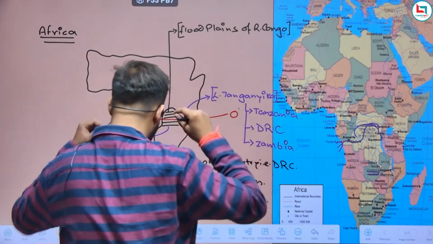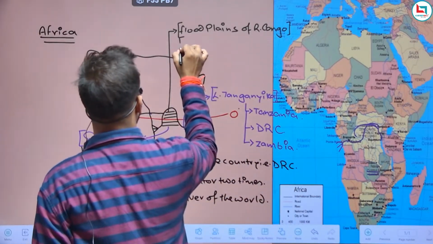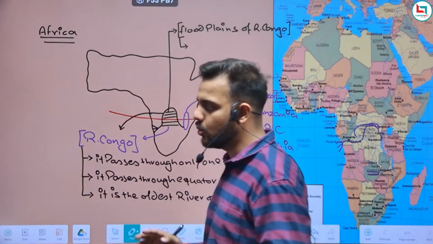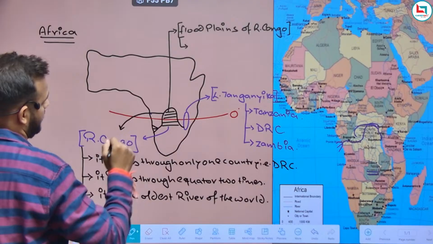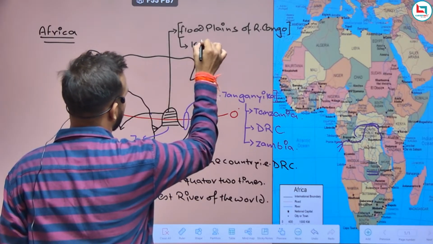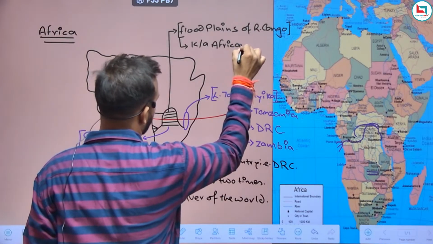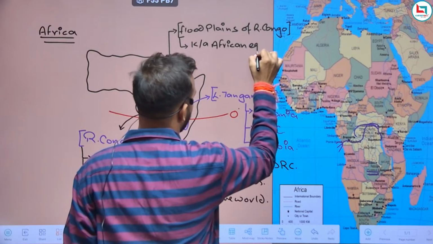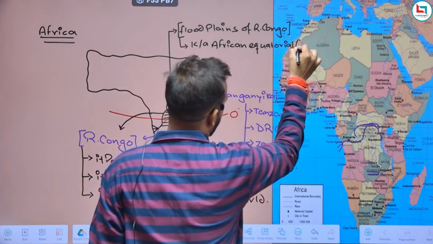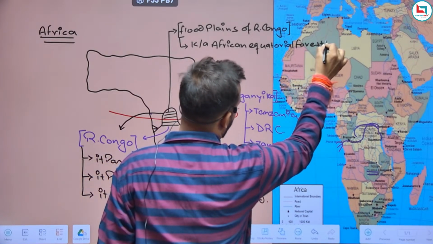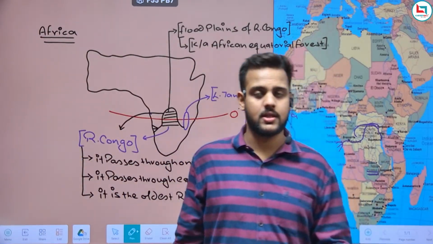When we talk about these particular floodplains, they are known as the African equatorial forest. They are known as the African equatorial forest. So these are the things.